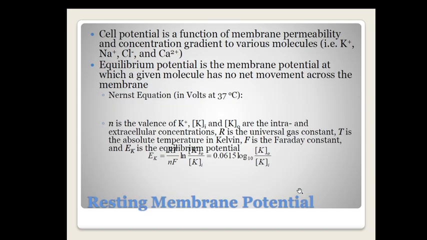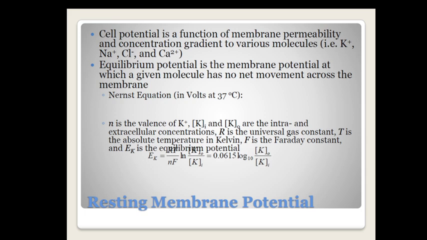Cell potential is a function of membrane permeability and concentration gradient of various molecules, potassium, calcium, and sodium. Equilibrium potential is the membrane potential at which a given molecule has no net movement across the membrane. The Nernst equation is in volts and at 37 degrees centigrade. This is all about our resting membrane and resting potentials.